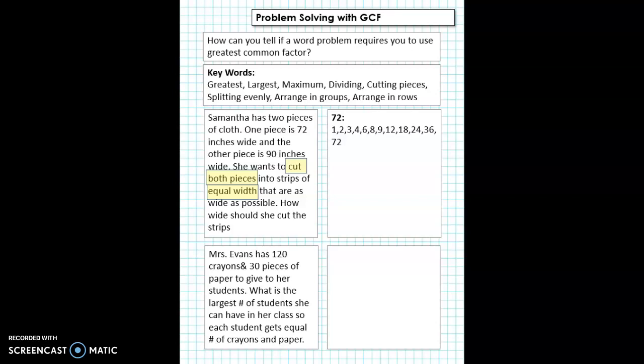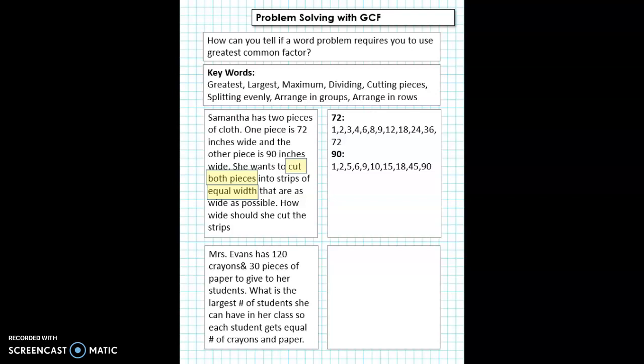Next, we're going to list the factors of 90. Those are 1, 2, 3, 5, 6, 9, 10, 15, 18, 30, 45, and 90. Then we compare the lists. When you look through the list, you'll note that 1, 2, 3, 6, 9, and 18 are all common factors of 72 and 90.